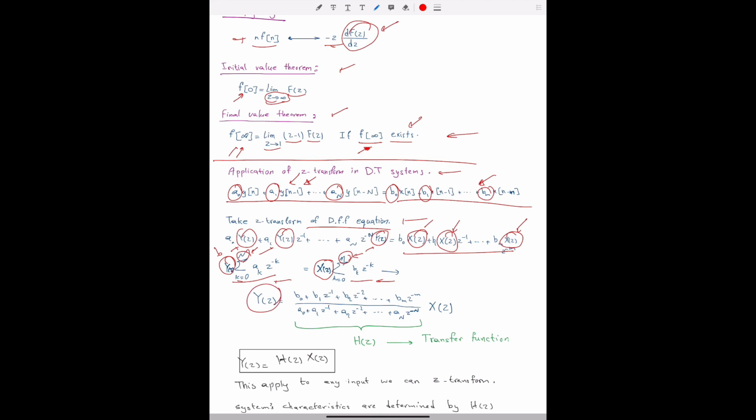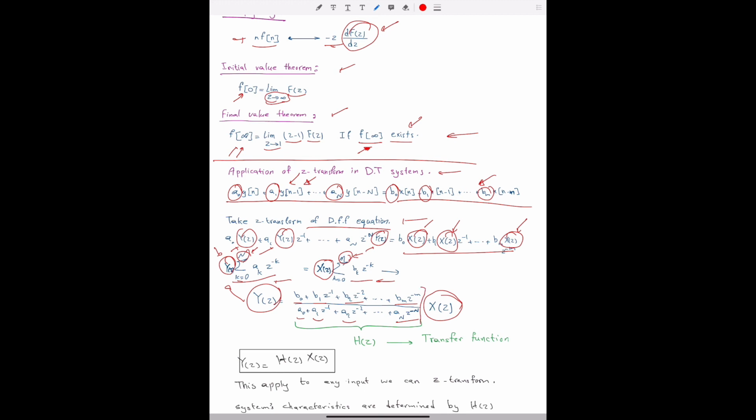So now y of z from this equation can be written as b0 plus b1 z to the power of minus 1, b2 z to the power of minus 2, until bm z to the power of minus m, divided by a0 plus a1 z to the power of minus 1, a2 z to the power of minus 2, plus an z to the power of minus n, multiplied by x of z.